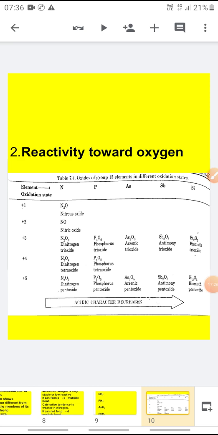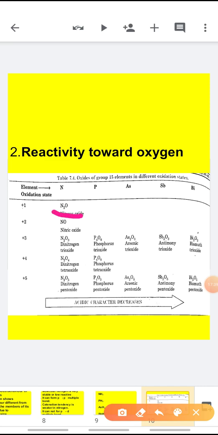Now, second is the reactivity towards oxygen. What happens when these elements combine with oxygen? They form various types of oxides in which the oxidation state of the element varies. Nitrogen forms N2O, NO, N2O3, N2O4 and N2O5. Different oxides are formed by nitrogen.